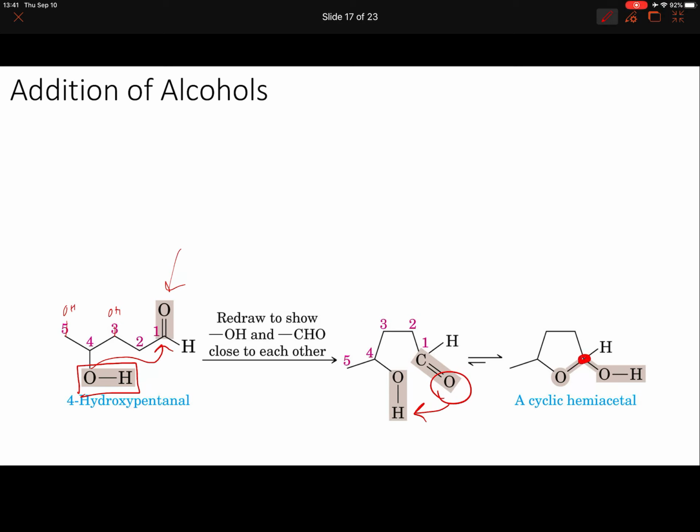There's the carbon attached to an OH and then to an OR, right? The rest of this stuff here is the R that's on that O. So this is a cyclic hemiacetal, and this is exactly what happens when our sugars form. We get stuff like this.